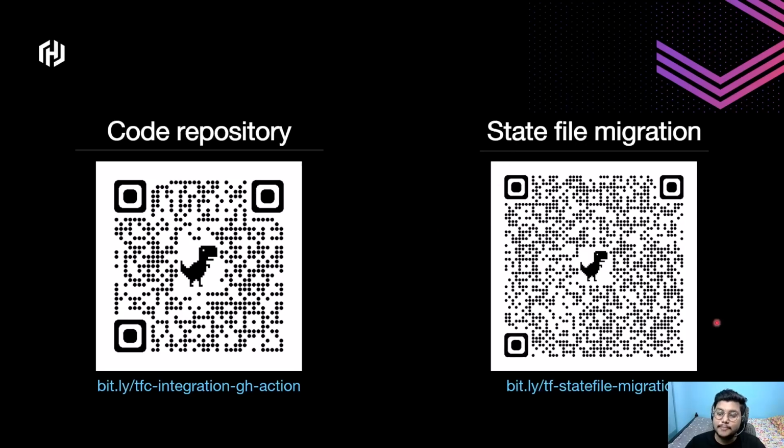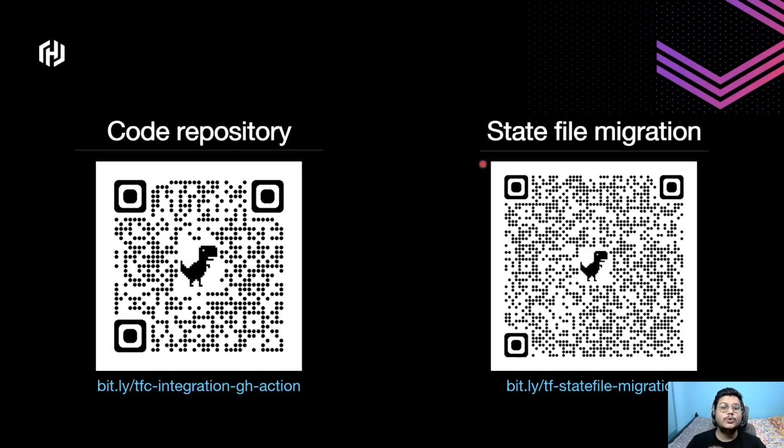Another important thing I would like to share is the state file migration steps. Maybe you are using Terraform open source, or you are not using Terraform Cloud, and you are storing your state file in some kind of storage account.